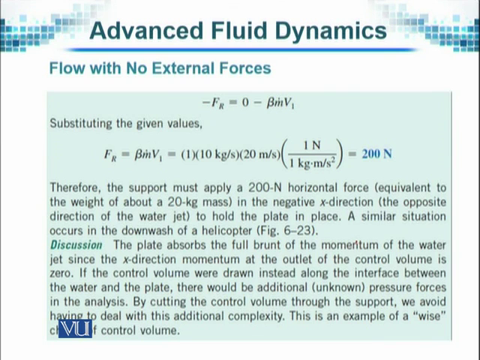The question posed wanted us to calculate and find out the force that the plate should exert, should support, so that it is not displaced from its place. It stays fixed, and that has been determined as equal to 200 Newtons, or just about 20 kilogram mass.